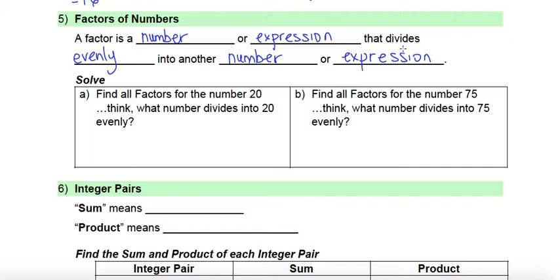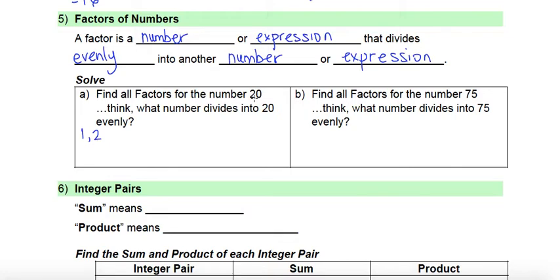So when we're looking to find factors of numbers, for example, we want to think about what numbers divide evenly into, for example, part A, into 20. So what are those numbers that divide evenly into 20? Well, 1 will always divide evenly into any number, so you're going to start with that. And then I like to go up. So I like to think about, okay, what is the number after 1? Well, that's 2. Does 2 divide evenly into 20? Absolutely. So that's going to be a number. What about 3?